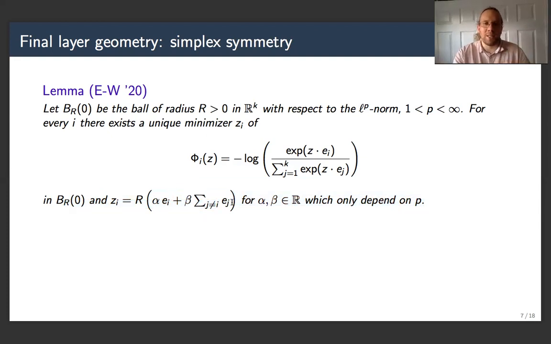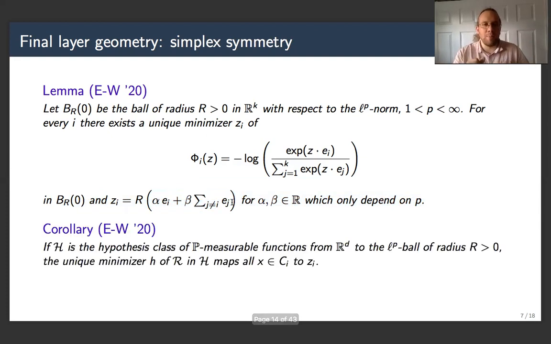And the coefficients depend slightly on p, but in particular, if we take p equal to 2, then we get the vertices of a standard simplex as the best possible outputs for the whole classifier H. And so if H is the hypothesis class of measurable functions which go from R^d into an L^p ball, then the unique minimizer maps all points in the same class to one of these vertices.